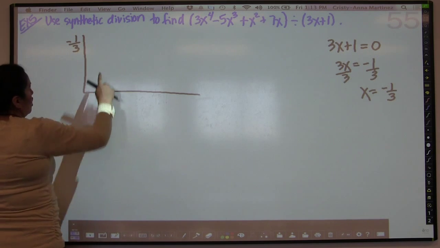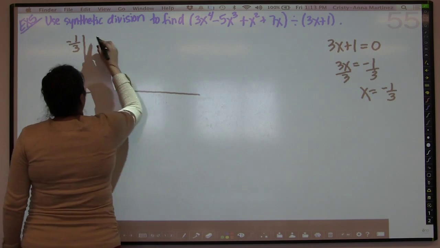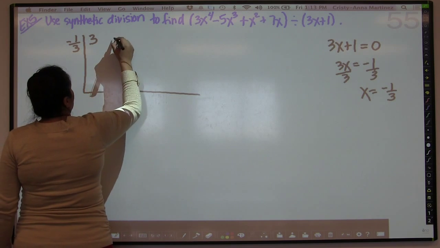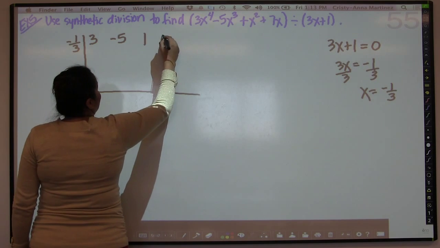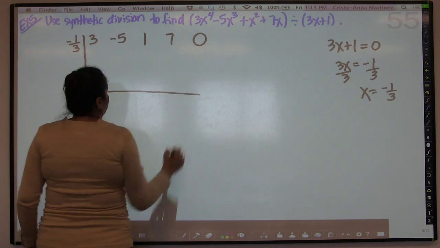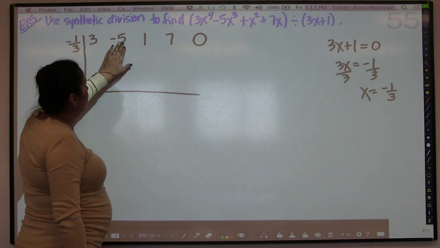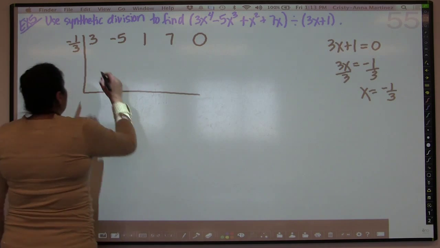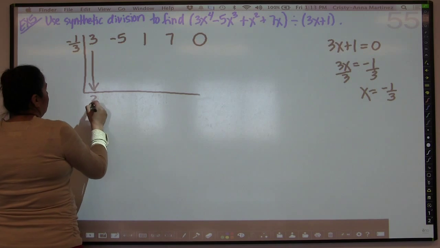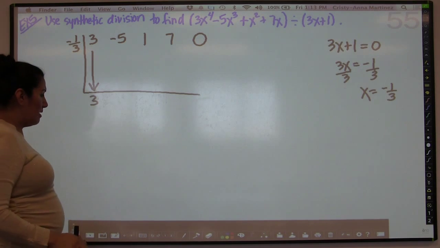And then we want to put the coefficients of our polynomial, 3, negative 5, 1, 7, and a 0. So it's 4, 3, 2, 1, none. The 3 comes down here, and everything else is the same.